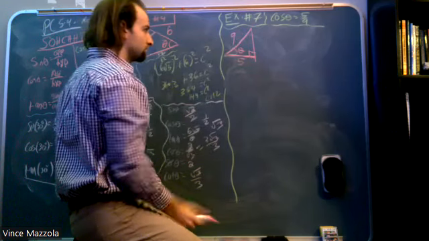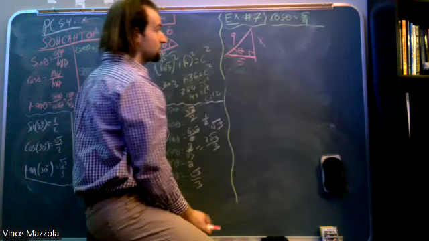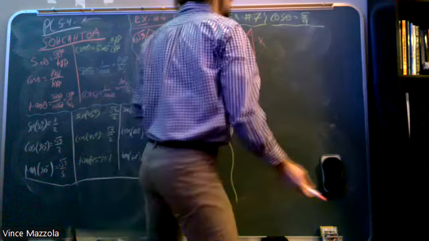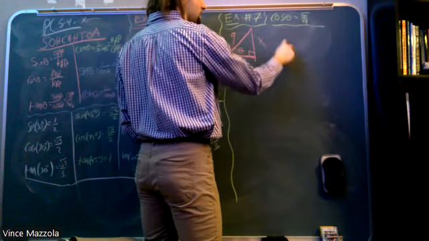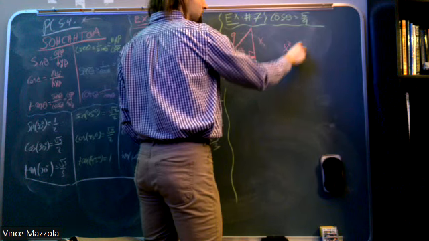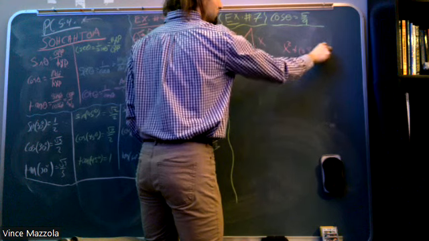All right. Now that we got that out of the way, we need to find the missing side length here. Pythagorean theorem. We're missing a side, so let's call it x. You've got a squared plus b squared equal to c squared, your hypotenuse.